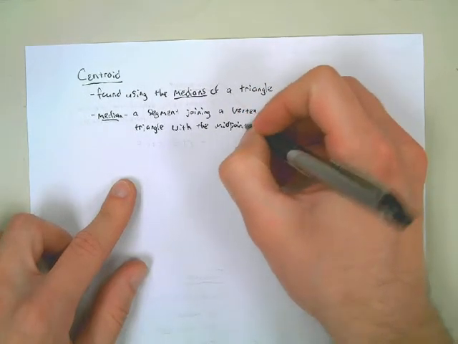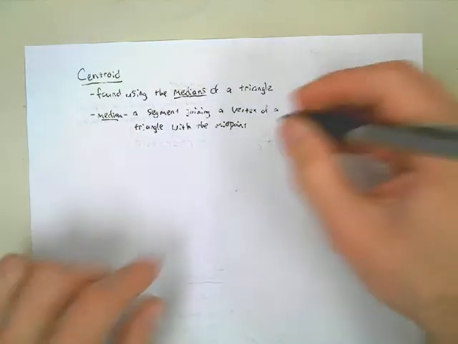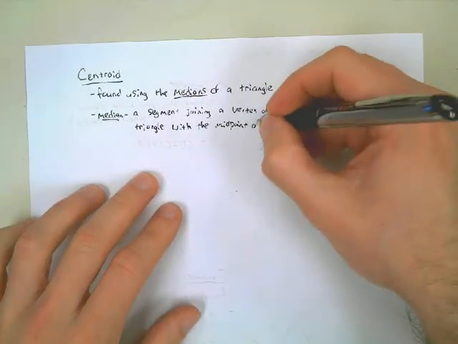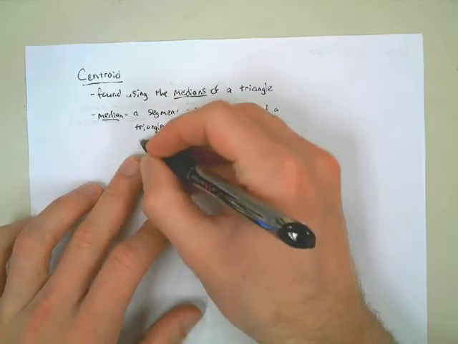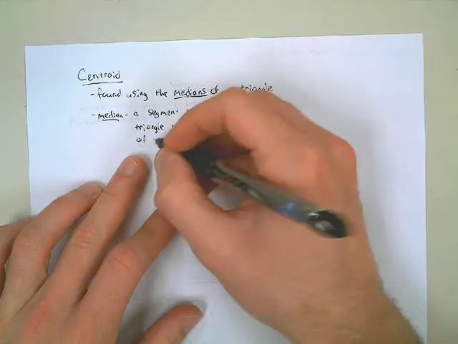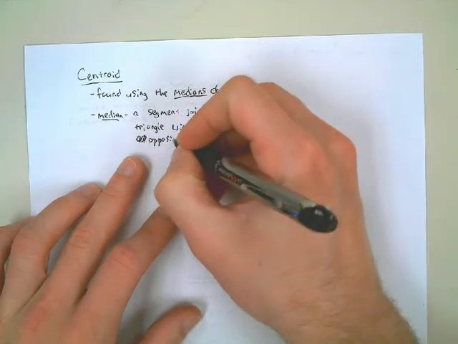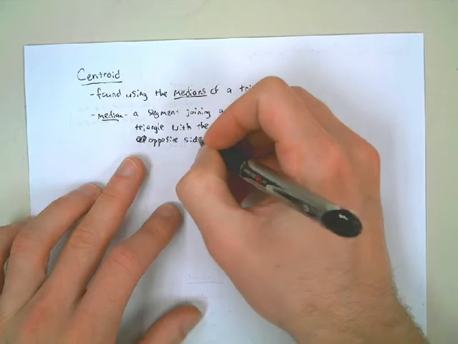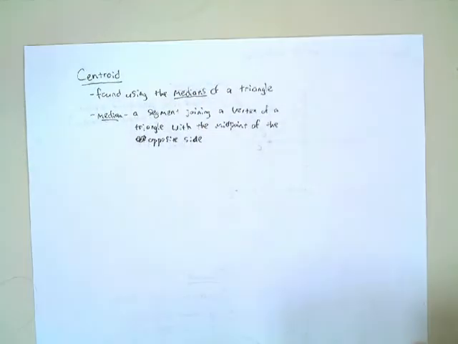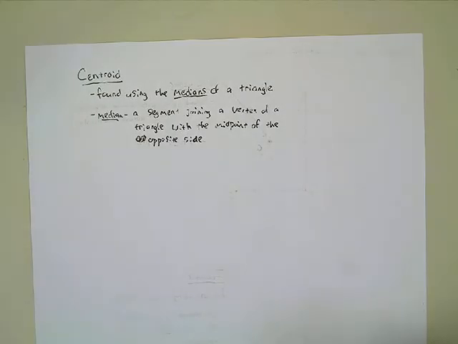So again, a segment joining a vertex of a triangle with the midpoint of the opposite side of the triangle. So a median is a special segment, just like an angle bisector, just like a perpendicular bisector. A median is a segment that joins a vertex of a triangle to the midpoint of the opposite side.